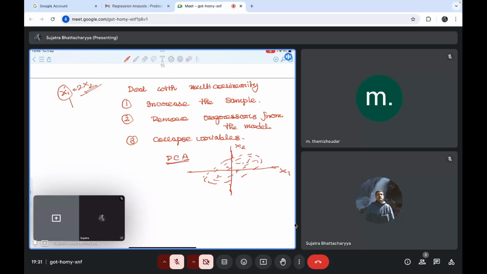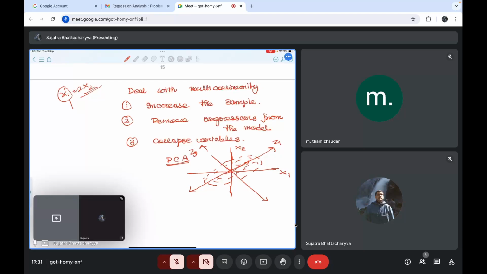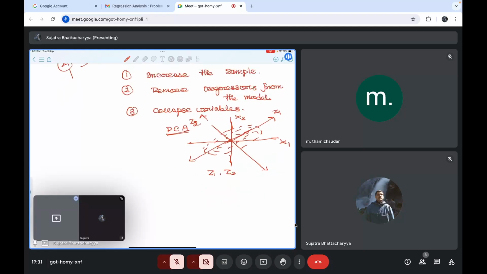Okay. Principal component analysis, what it does is that if I draw an axis here, say Z1, and a mutually perpendicular axis, say Z2, such that for the new variables based on these new axes, Z1 and Z2, the correlation is 0.